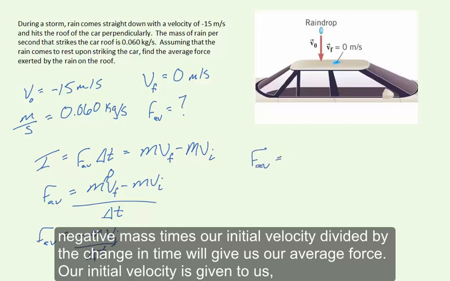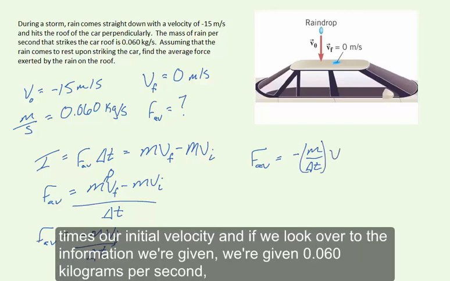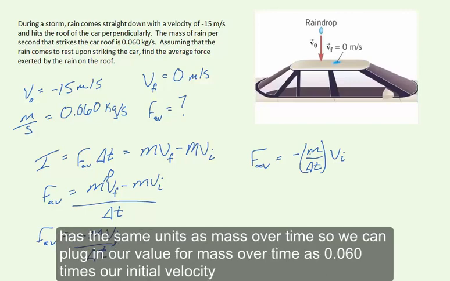Our initial velocity is given to us, but neither our mass nor the time is given to us. However, we can simplify this equation into our mass divided by time times our initial velocity. And if we look over to the information we're given, 0.060 kilograms per second has the same units as mass over time.